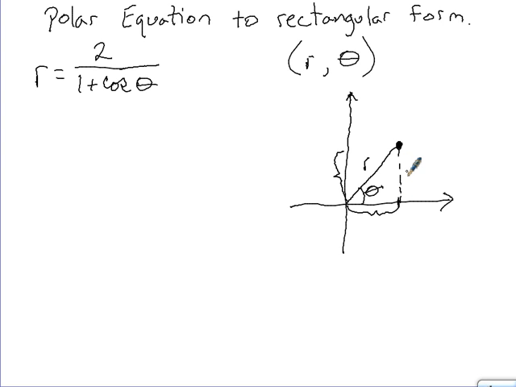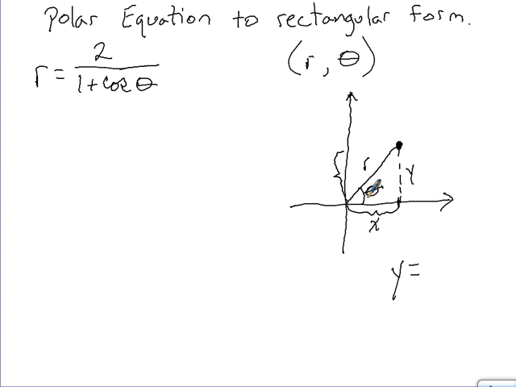So if we understand that this is our y and this is our x, we can now look at the relationships using our trigonometric relationships to understand how all these are related. For example, if we wanted to find y, what's the relationship of y to our angle?